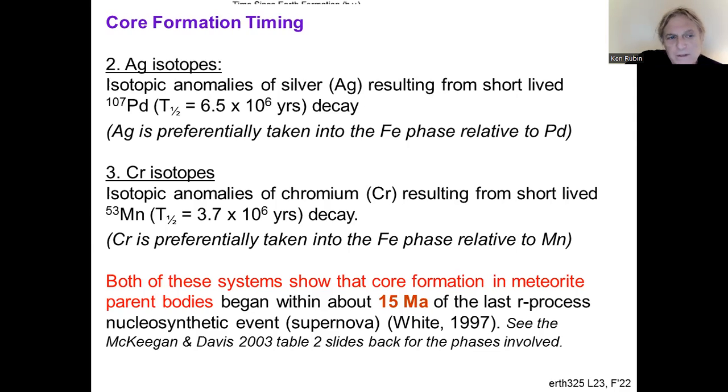Both of these, items 2 and 3 on this list, imply core formation on the silicate Earth, I should say, within about 15 million years of the last r-process event. So not too long after the timescale of chondrites being formed, which we talked about last time.